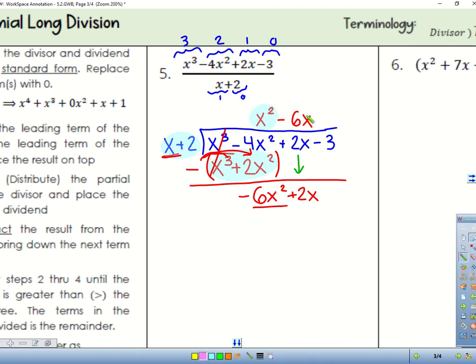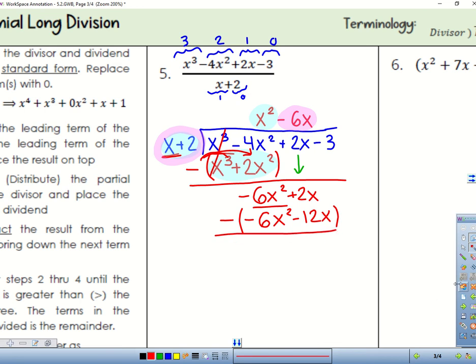Now, you're then going to take whatever you have up here and multiply it by this whole thing. That's going to come out to be negative 6x squared minus 12x. This is in parentheses. We are subtracting it. And that was a result of the product of what's in the pink. You all with me so far?